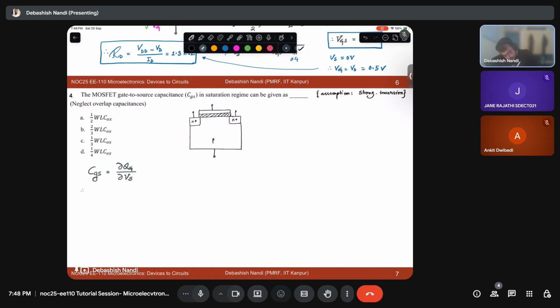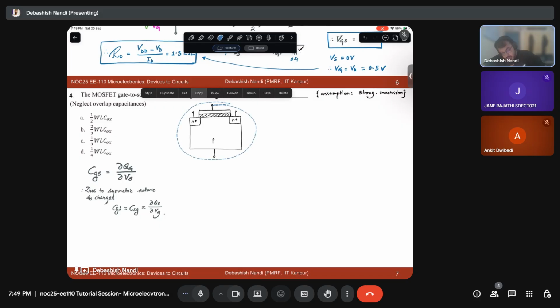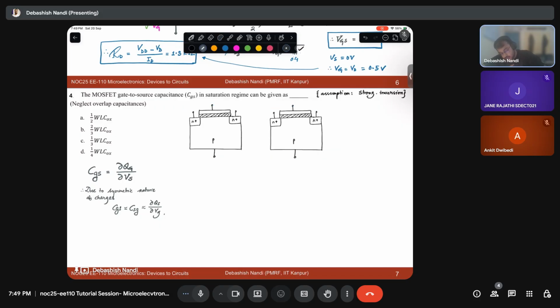And in MOSFET, let me replicate this. So let's say this is gate, body, source, drain, source, drain, gate, body.